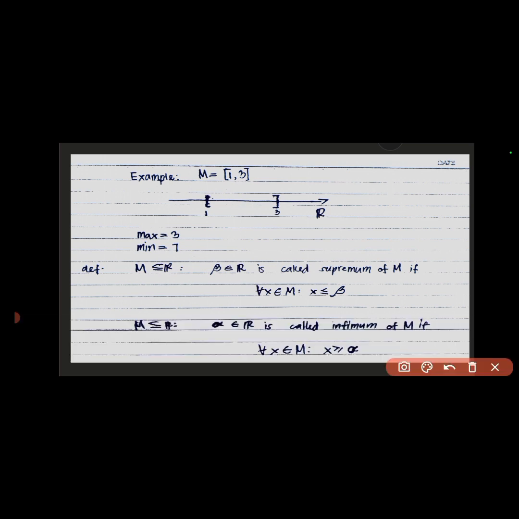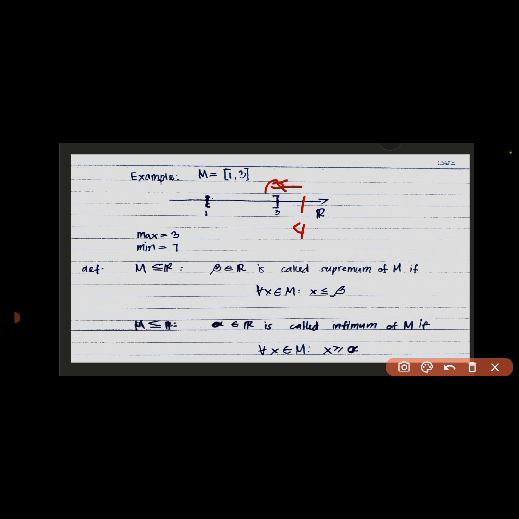And for the definition of supremum of M, let's say we have 4 here, and everything leading up to it are called upper bounds. The lowest upper bound is equal to sup M. Now let's say we add beta here.